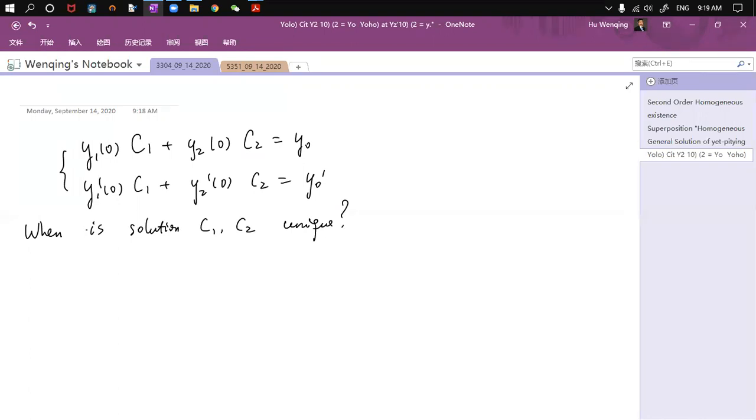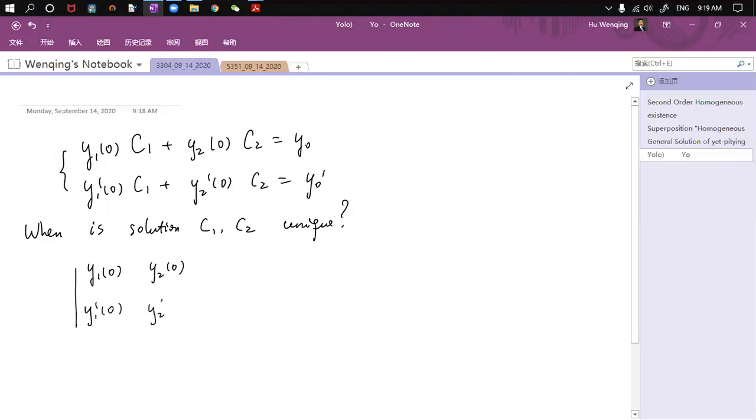Well, if you want a linear system of equations to have a unique solution, then it suffices to say that the determinant of the coefficient matrix has to be non-zero.